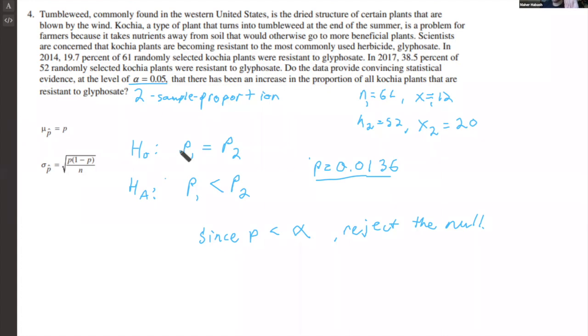But any last questions on this problem? So we have to state that it's the 10% condition, the random sample condition, where we can say that the distributions are independent.